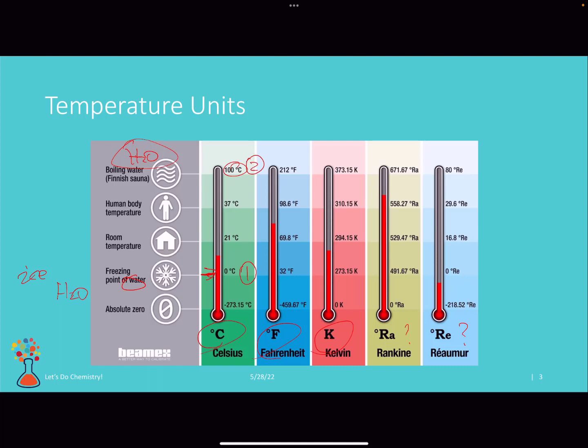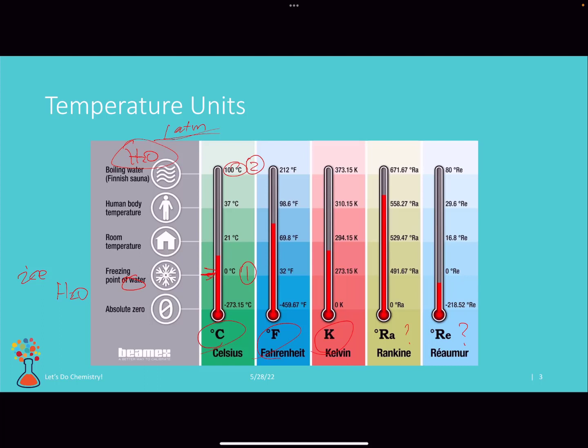It's usually at 1 atm, because the boiling point is closely related to the atmospheric pressure. If you define this as pure water at 1 atm, the boiling point is 100 degrees. So these are the two things you need to memorize related to the Celsius degree.